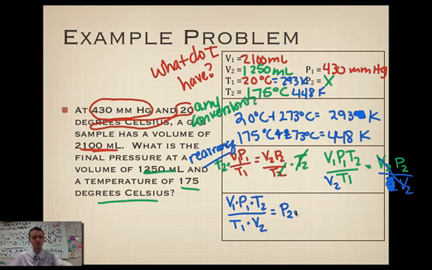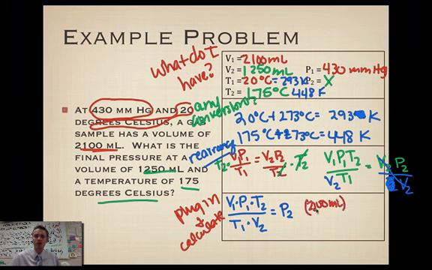So now let's plug in and calculate. My volume 1 was 2,100 milliliters. My pressure 1 was 430 millimeters of mercury.